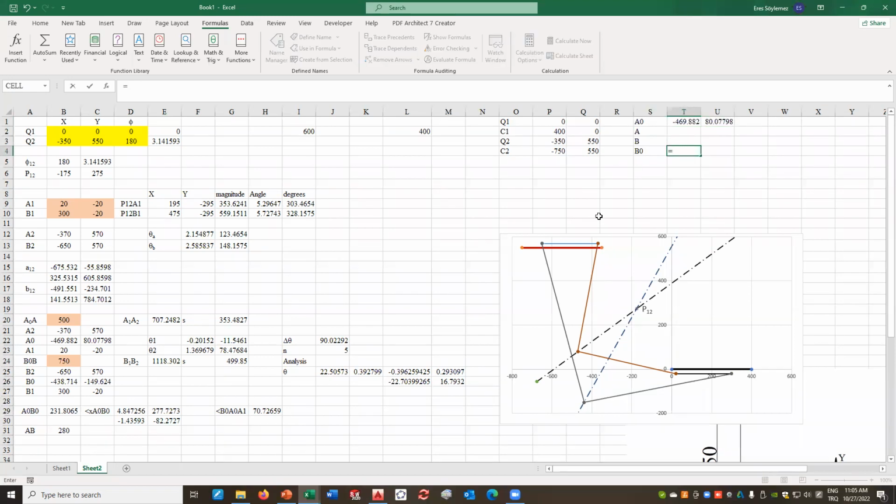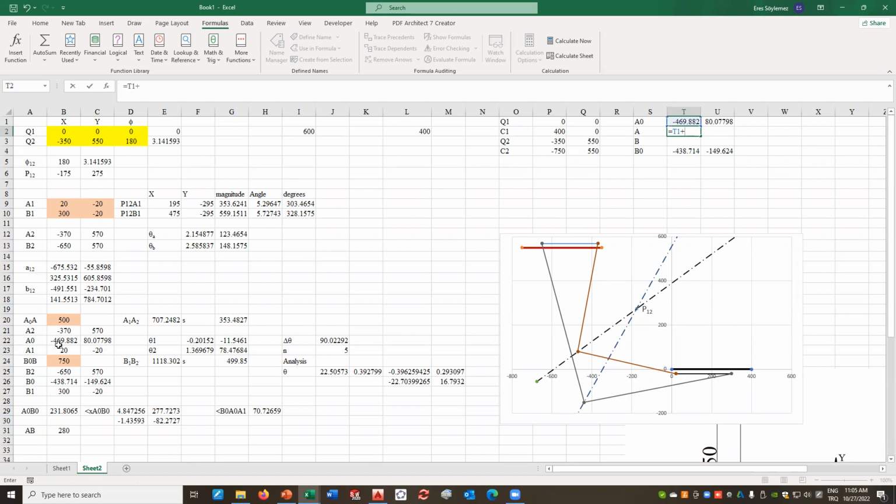B0 is fixed. A is A0 length. A0, first A0.